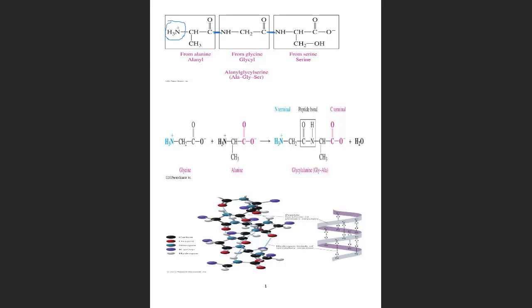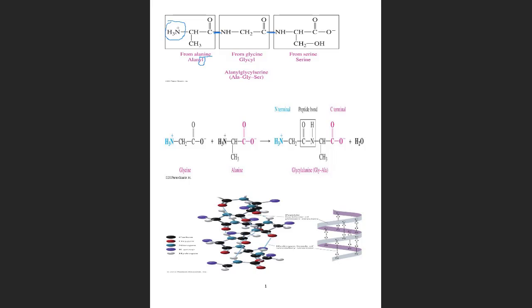The name of the first amino acid is alanine. And we replace the INE from alanine with YL, alanyl. So we start from the left and we say alanyl. We do the same with the second one, glycyl.